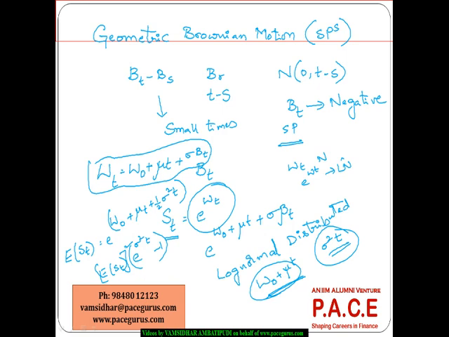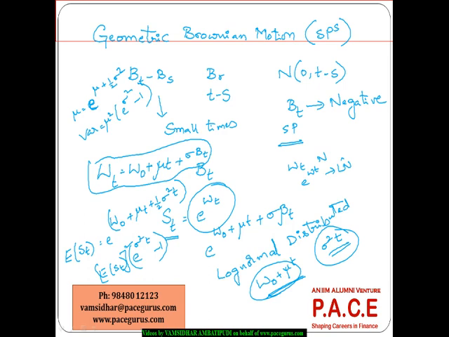We know that the mean of a log normal distribution is e to the power of mu plus half sigma squared, and the variance is the mean squared times e to the power of sigma squared minus 1. So this is what we are computing for the mean as well as the variance of that log normal distribution, which is St.